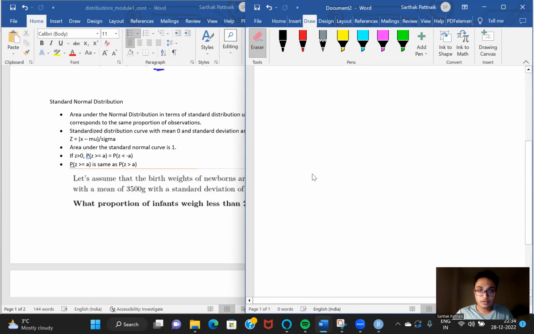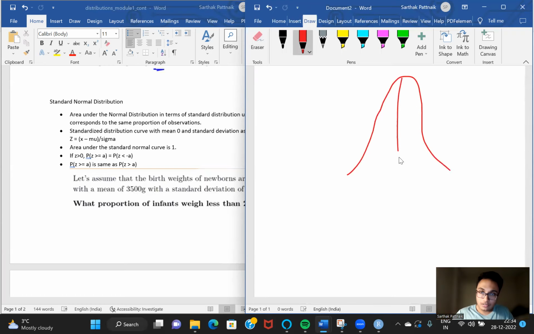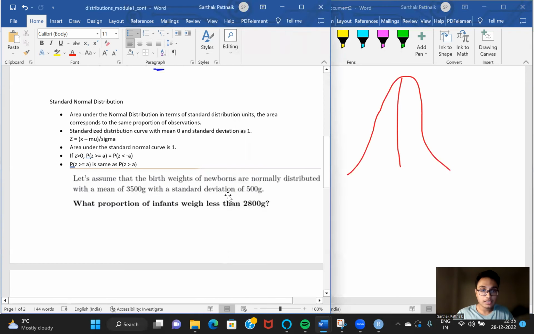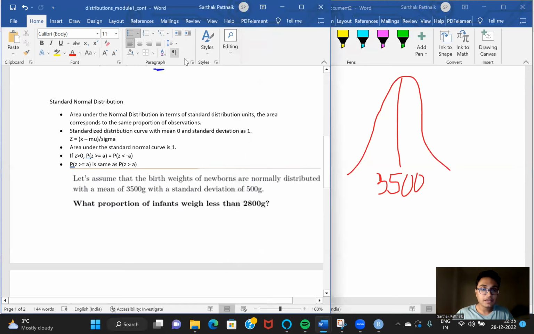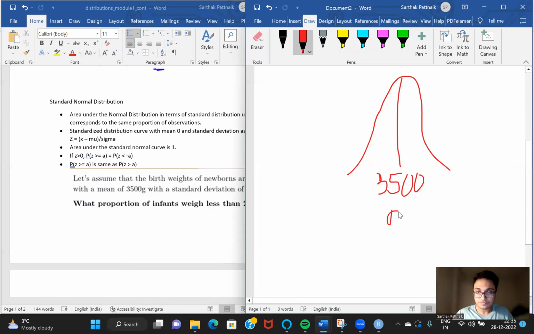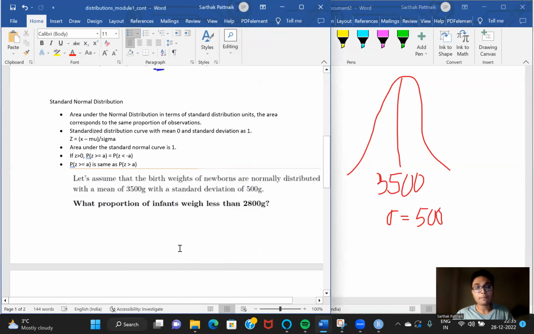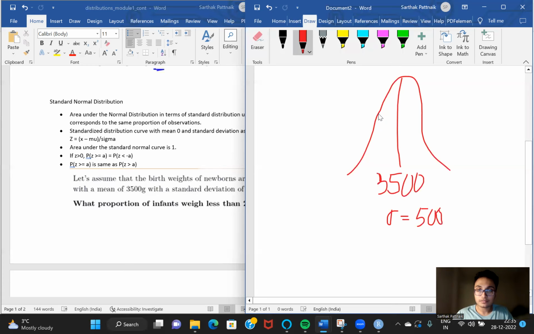Again, I am just brushing up the fundamental concept. If my mu here is 3500, standard deviation being 500, we need to find what proportion of infants weigh less than 2800. 2800 will be somewhere over here.